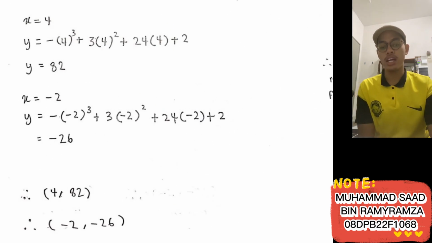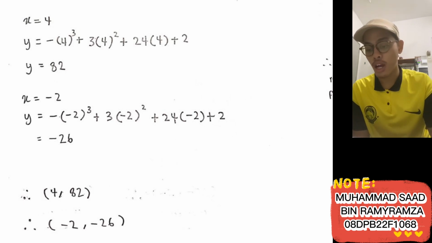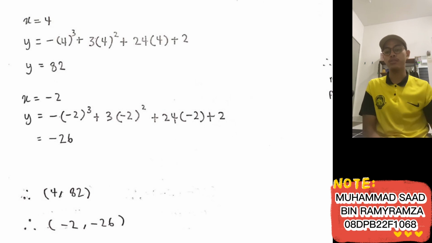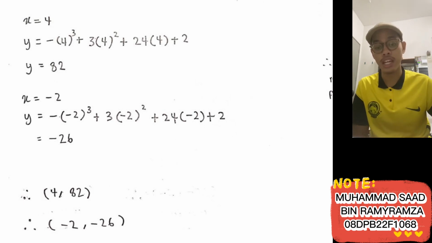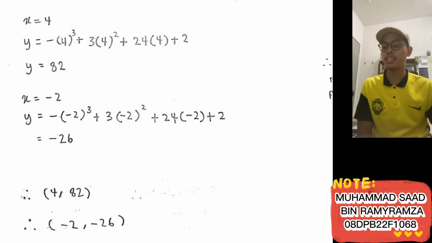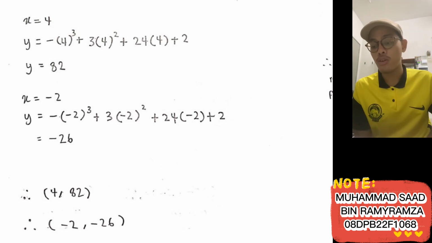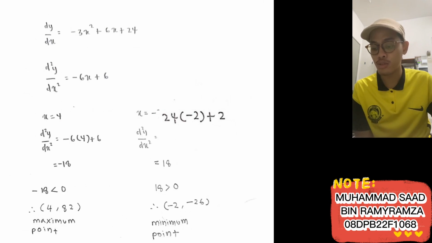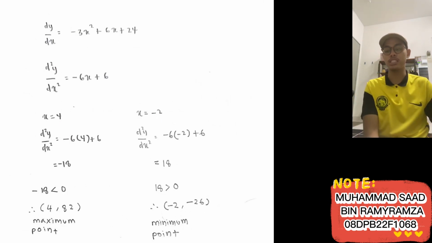When x equals 4, we get y equals 82, and when x equals negative 2, we get y equals negative 26. So we have two coordinates: (4, 82) and (negative 2, negative 26).